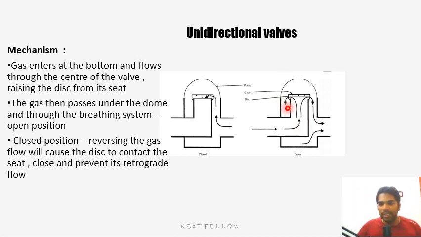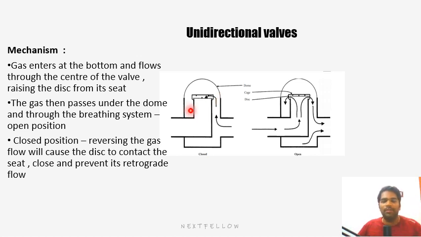The escaped gas will go into the inspiratory limb or expiratory limb, whichever it is. Now imagine if the gas comes backwards like this. In this first picture, if the gas comes backwards, the disc won't open. The disc is flat, it is closed. So the diaphragm won't open. This is how the unidirectional valve functions.